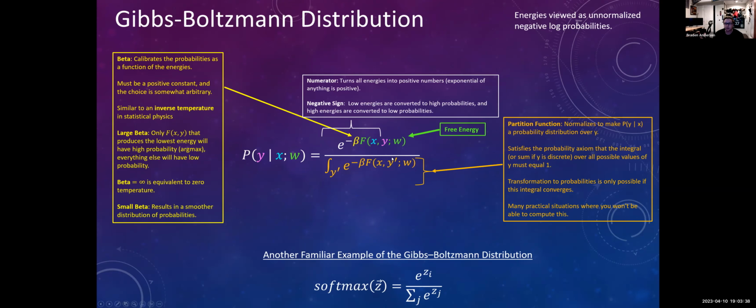In this equation, we have our F, our energy function, so this would be the output of our neural network. We're taking e to the negative beta times that value, where beta is just some positive constant, akin to an inverse temperature in physics. In general, the value of beta is not super important, but it will affect the smoothness of our probability distribution.